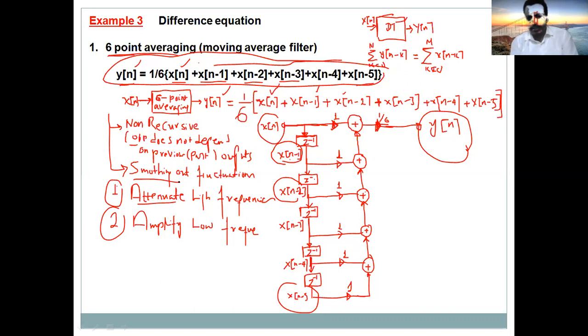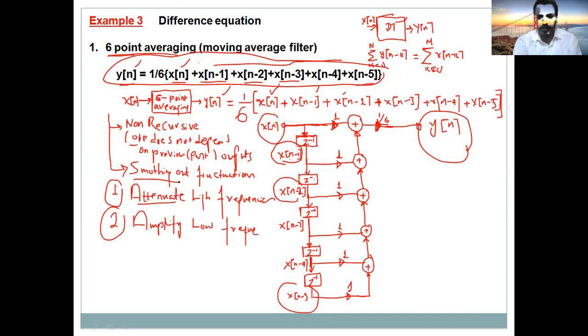As you said, a system is used to process a signal, right? So if you need a system which smooths fluctuations, or amplifies low frequencies and attenuates high frequencies, we use this 6-point averaging or moving average filter. Therefore, what type of system? Non-recursive. We'll see next what recursive means.